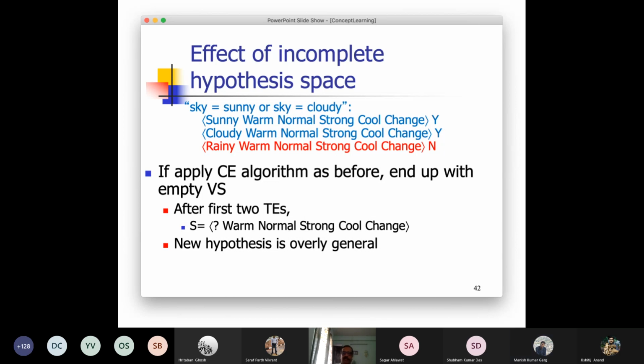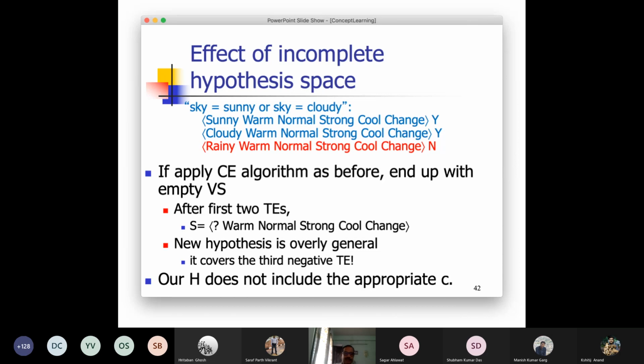Your new hypothesis is overly general, because this instance is accepted by the hypothesis in S, but it should be rejected. So there is no way you can now represent it, because of the constraint I already mentioned: only one literal can be there or all literals should be there in the hypothesis.